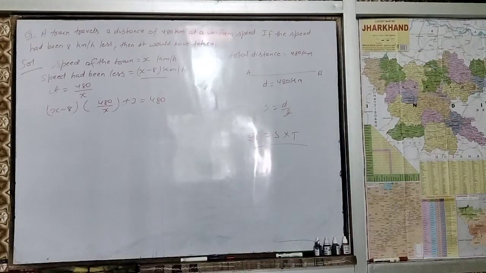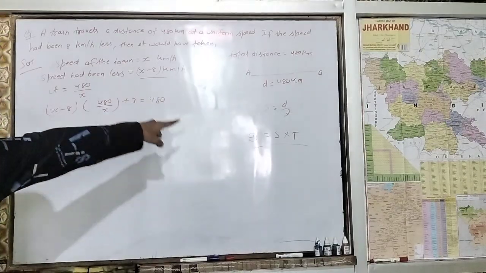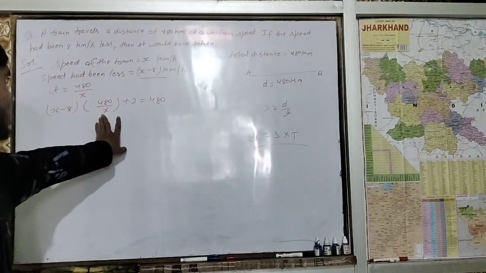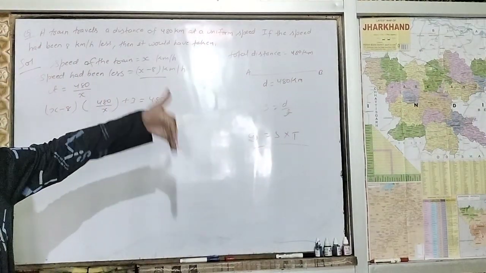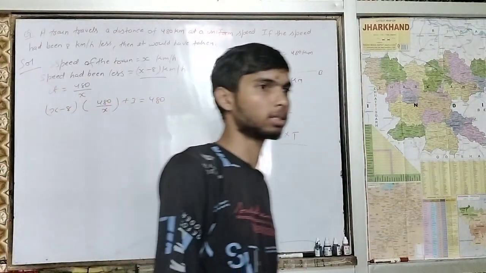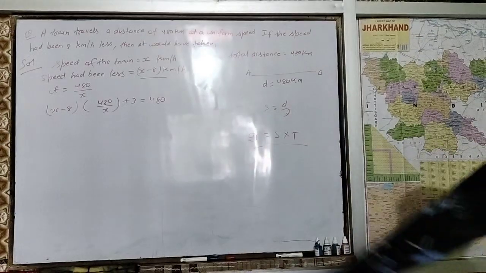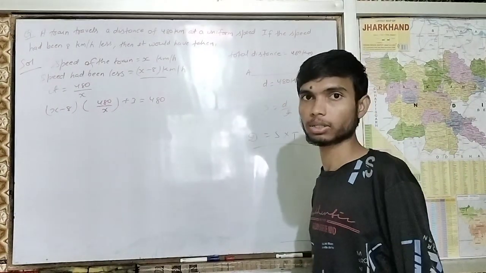This is the speed, and this is the time, plus 3 is the additional hours, and this is equal to this much distance. Here we applied this formula.